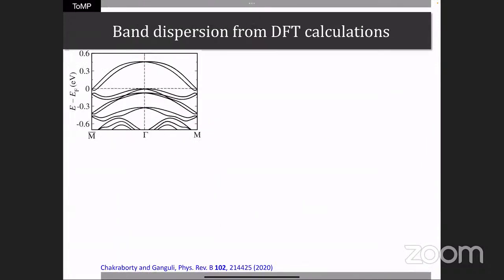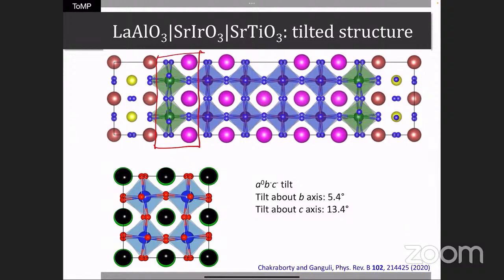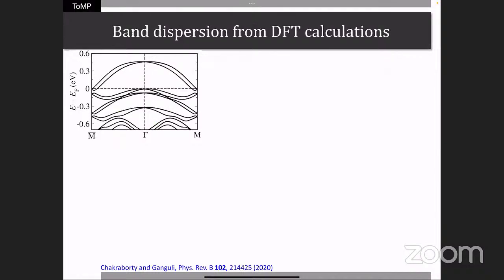Now, if we take this, we find that these iridium atoms orient in antiferromagnetic fashion. I'm not showing the details of that. I'm directly going to the band structure that clearly shows a Rashba-like feature here, as well as here, also the bands below. Now we will certainly focus on the bands that are near the Fermi level.